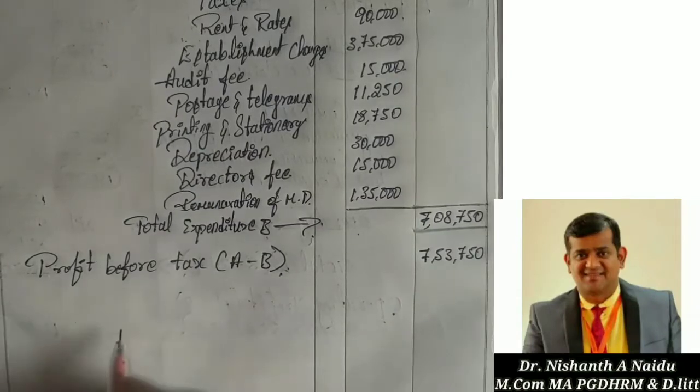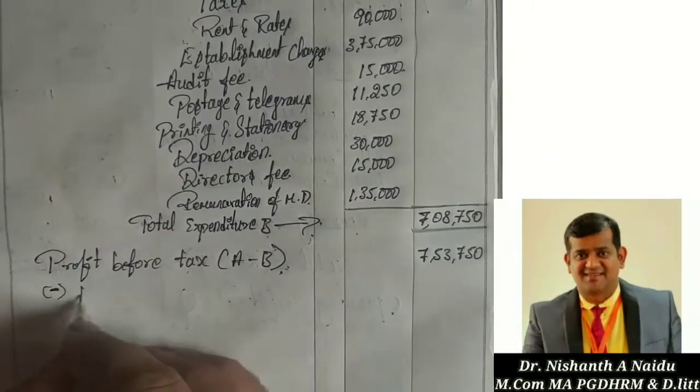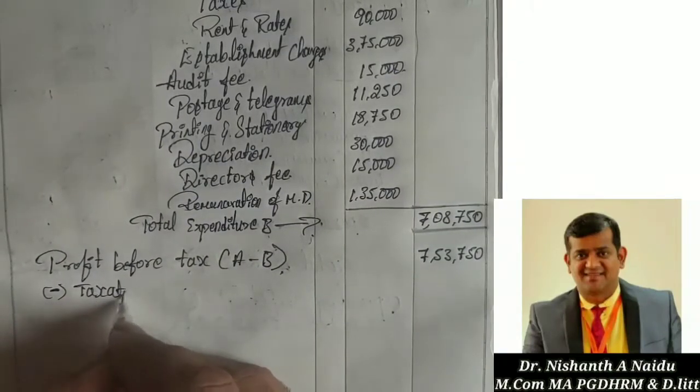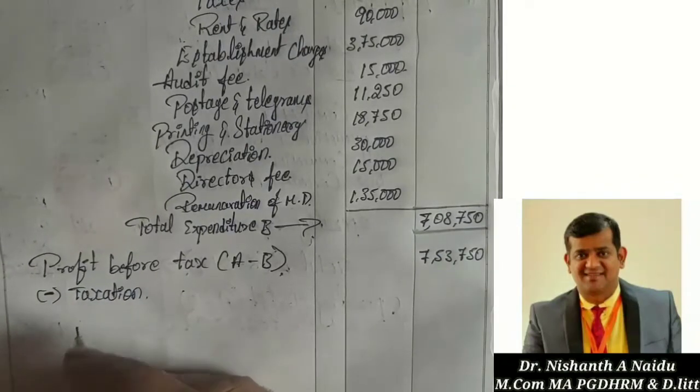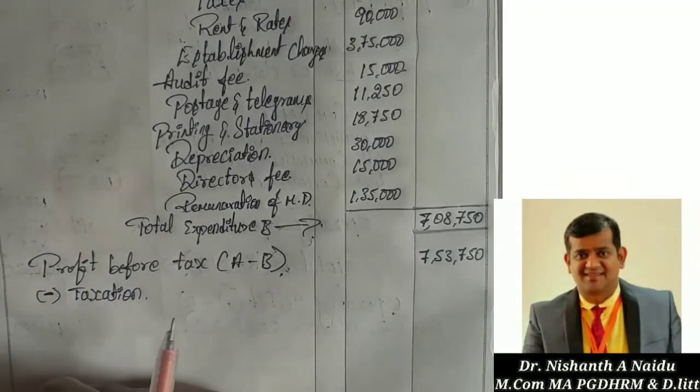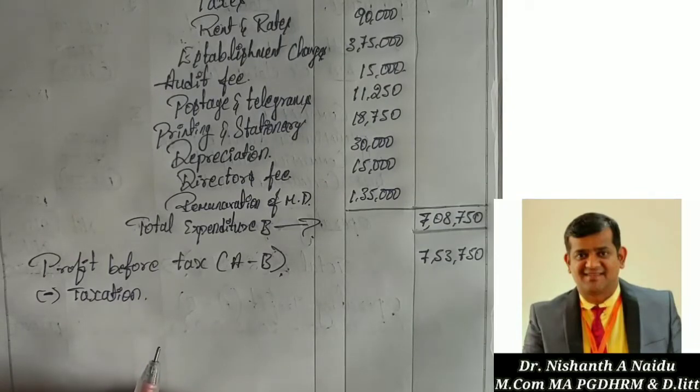Okay, so less taxation. How much taxation has been given in the problem? See, adjustment number C, provide for taxation rupees 2,92,500.